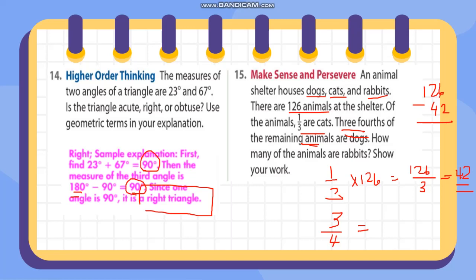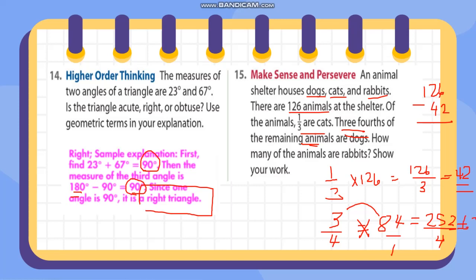What is 3/4 of 84? 3/4 of 84 means we simply multiply 84 by 3, which is 252. Then 4 multiplied by 1 is 4. Then simplify: 252 divided by 4 is equivalent to 63.